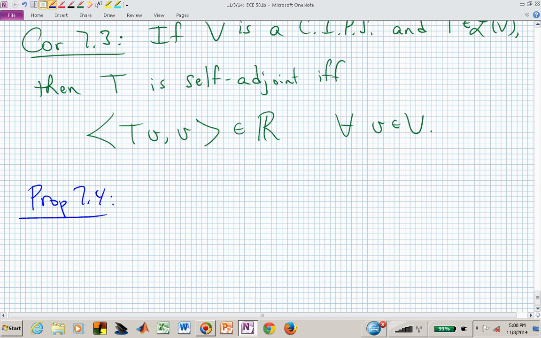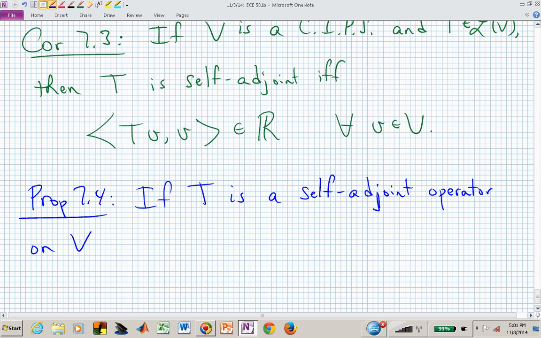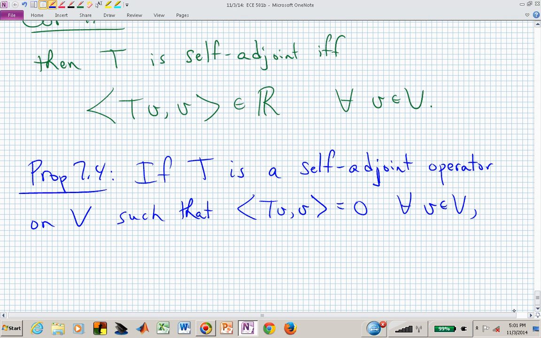Proposition 7.4: if T is a self-adjoint operator on V such that the inner product of Tv with v is equal to 0, then T is equal to 0.